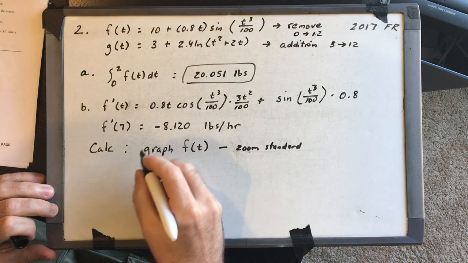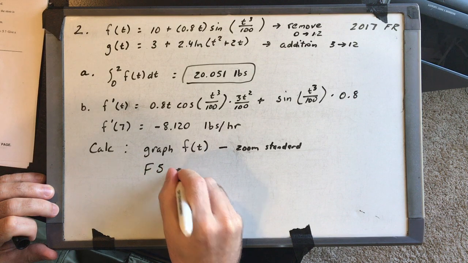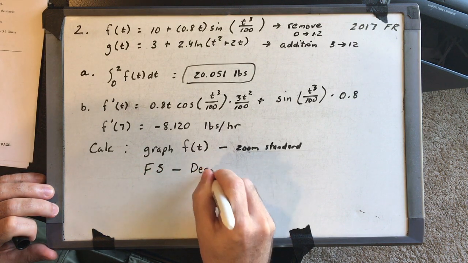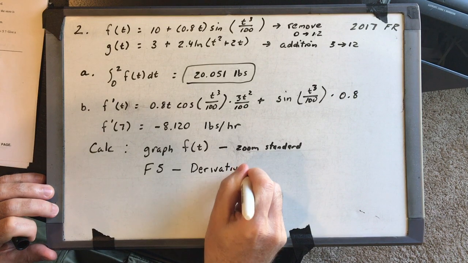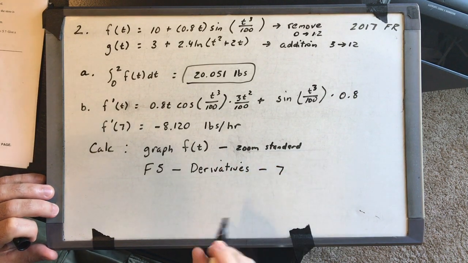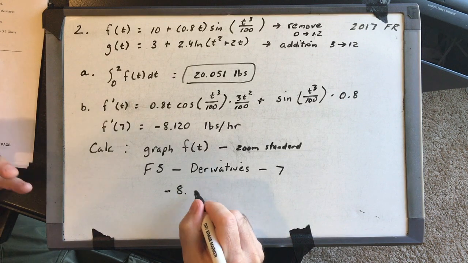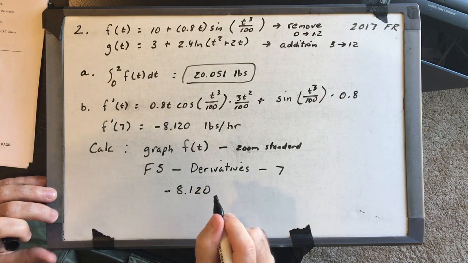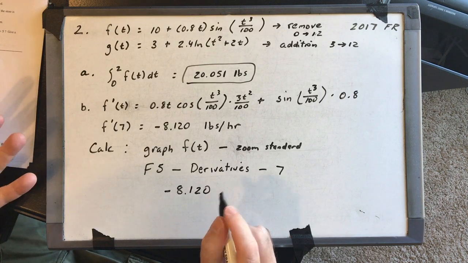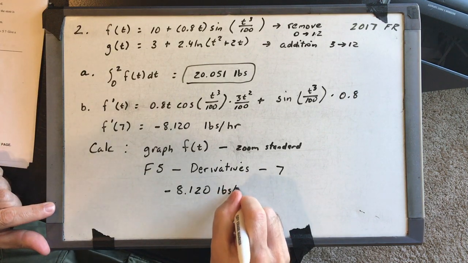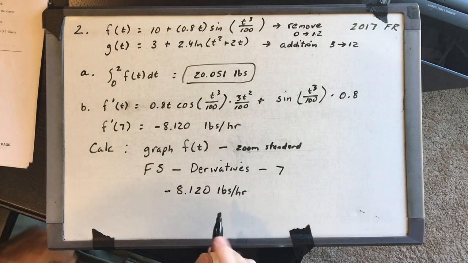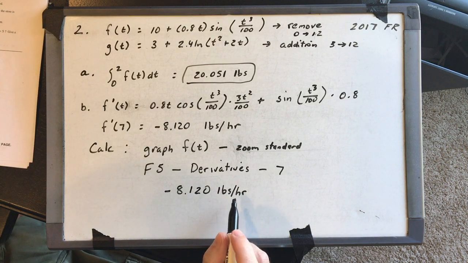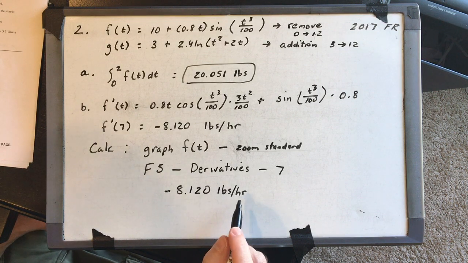But graph it, then go to F5, and then go to derivatives, which is option 6, and then just type in 7, and it'll give you negative 8.119, but you'll go, it's fine, negative 8.120. And it's a rate, right? At 7 hours, they're removing pounds per hour. They want you to get the unit right, because they believe that shows them that you understand. And then you have to explain the meaning of f prime of 7.